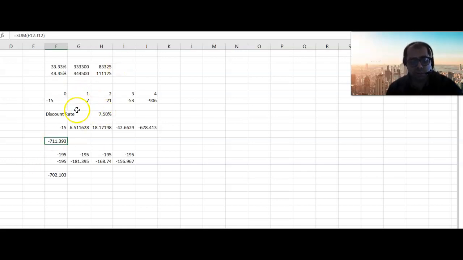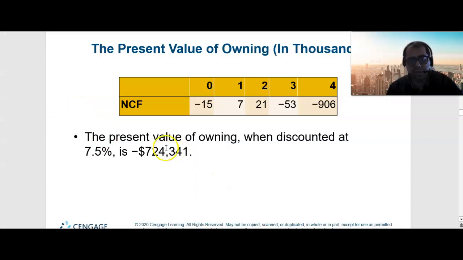So this is what you will get instead of the negative 724. Now, if we own the asset, and if we borrow the money to buy the asset, then this is how much our overall cost over the 4 years is going to be.